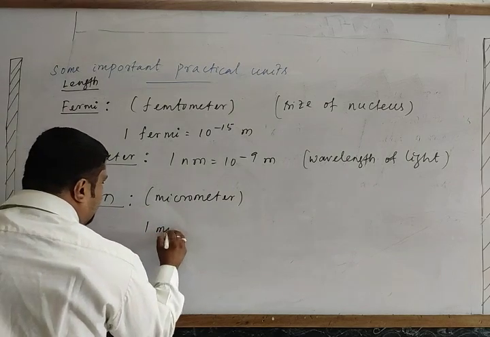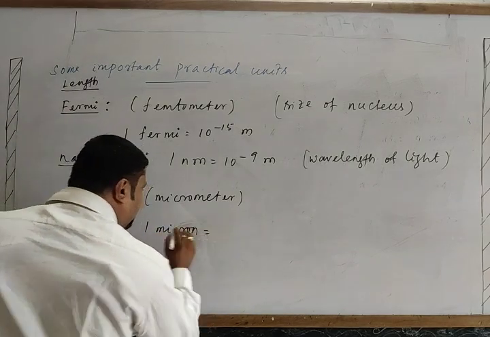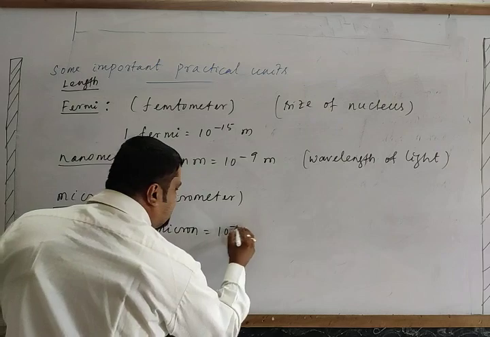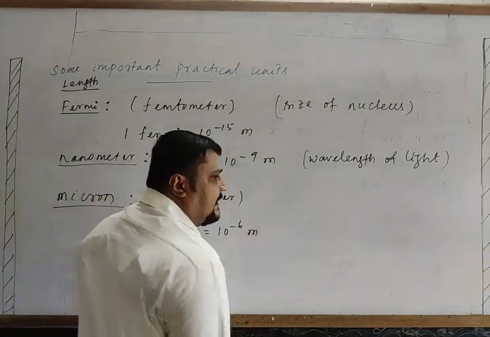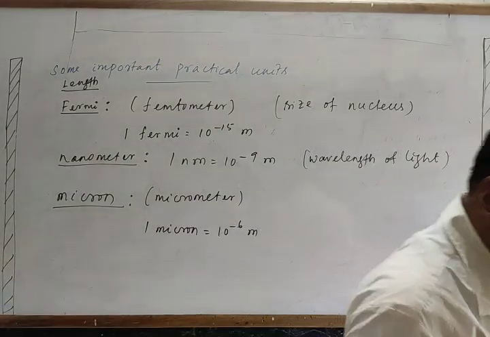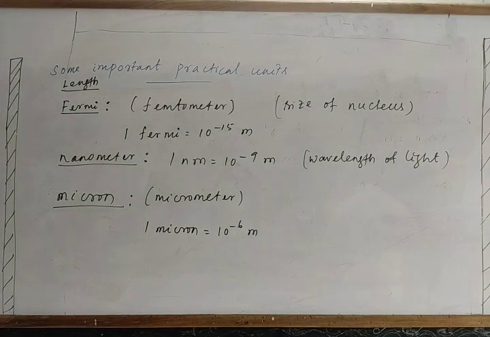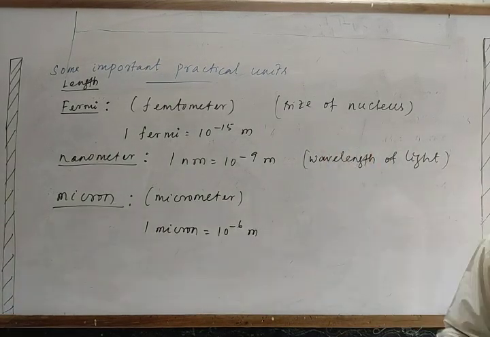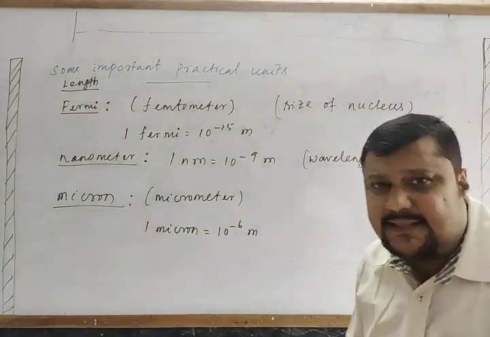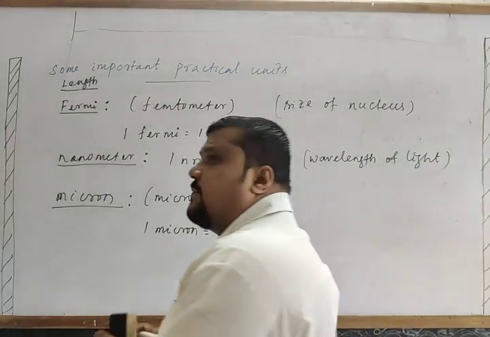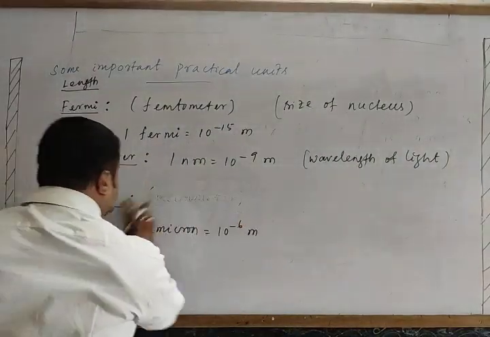So 1 micro means micrometer. Micro means 10 to the minus 6 meter. Clear? So these are the small measurements of length, practical units for microscopic or micro distances.